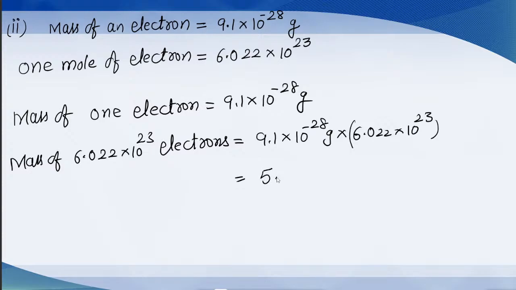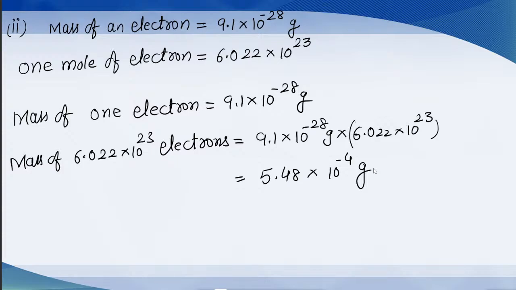5.48, because 9 times 6 is 54, into 10 raised to power 23 and 28, that is minus 5, so 54.8 into 10 raised to minus 5 gram.